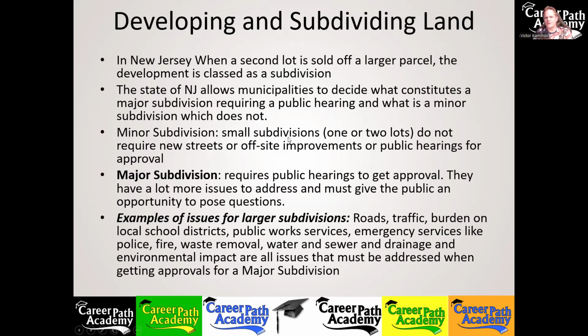So minor subdivisions, maybe one or two lots, do not require new streets or off-site improvements or public hearings for approval. Major subdivisions require public hearings to get the approval.